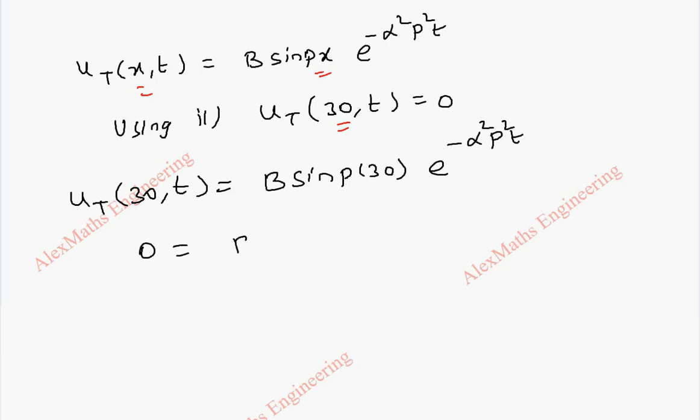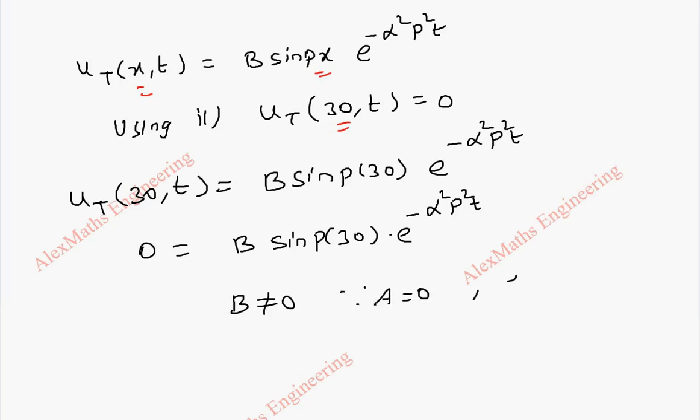So 0 = B sin(30p) e^(-α²p²t). Here B is not equal to 0 since A is already 0, and e^(-α²p²t) is also not equal to 0. Therefore the only option left is sin 30p = 0.